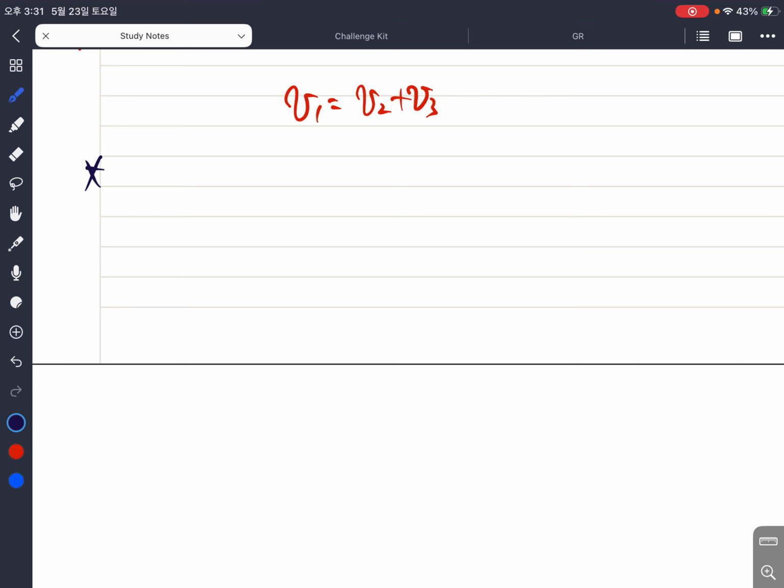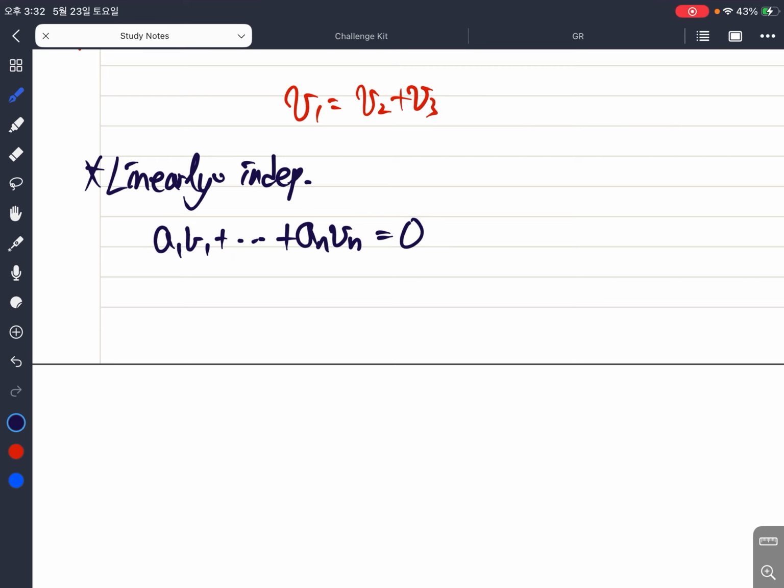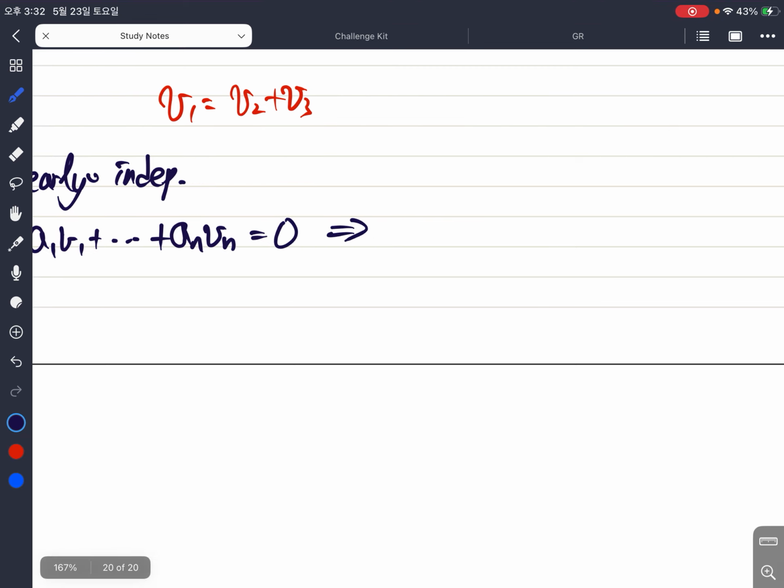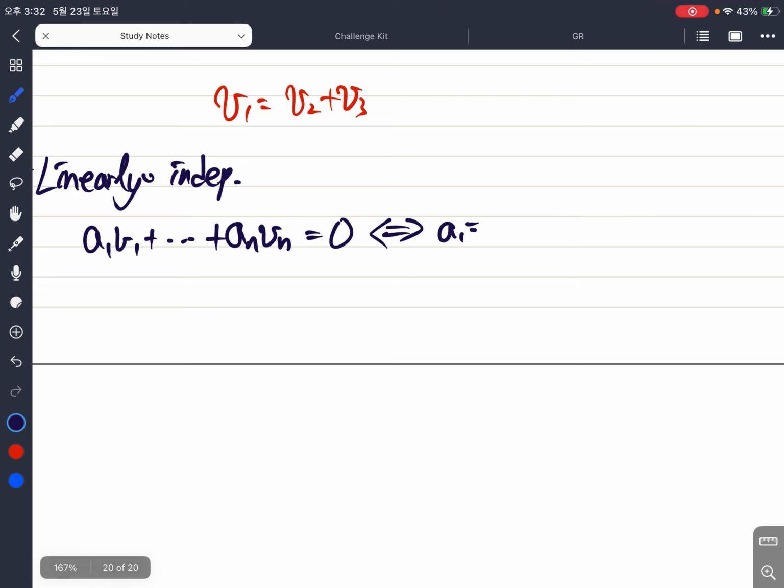Linearly independent is something like this. I use the same notation, v1, ..., vn. If a1 v1 plus ... an vn equals 0, this happens if and only if a1 is 0, a2 is 0, everything up to an is 0. This is only when every scalar multiplied on the vectors is 0.